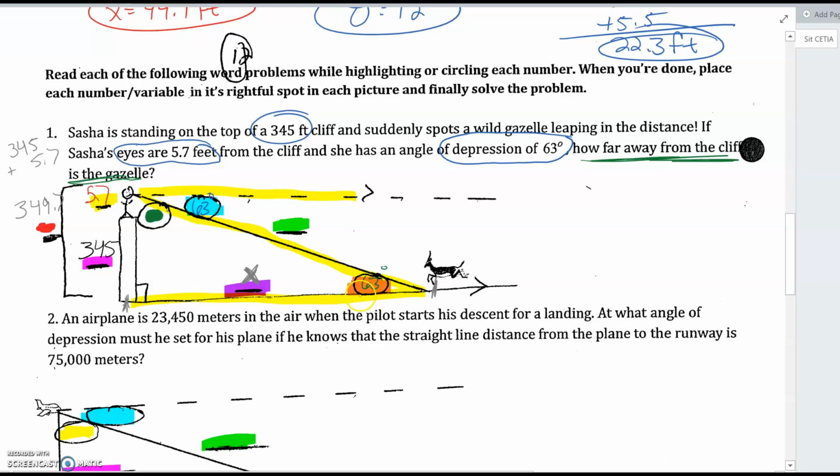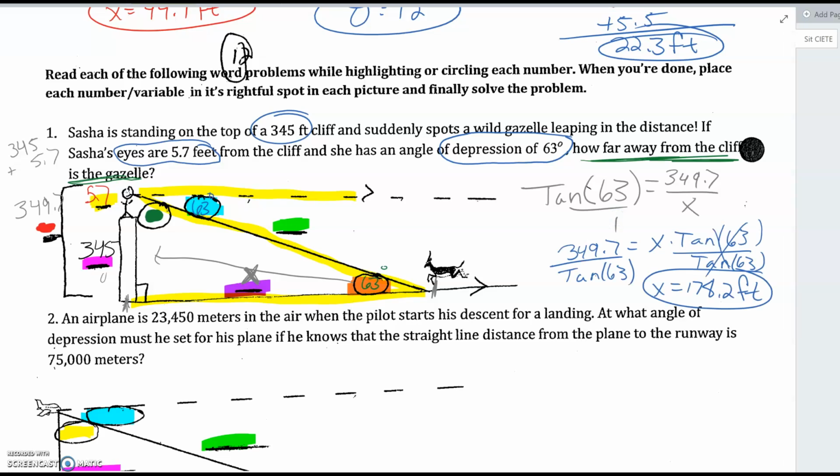So now there's a lot of information. Okay, this is opposite. So I'm just going to use tangent of 63 degrees equals 349.7 over x. Now go ahead and solve for x.